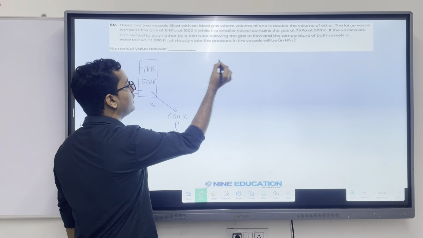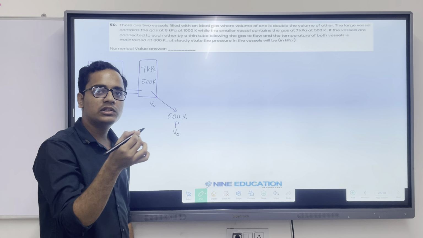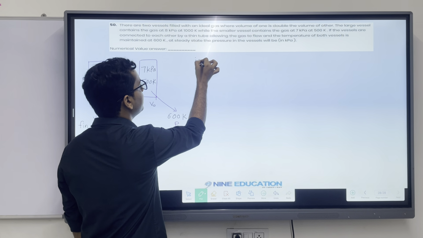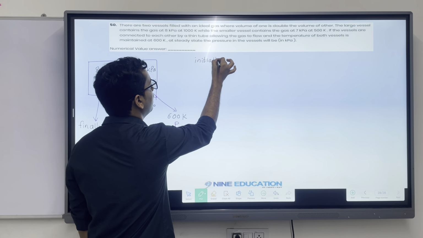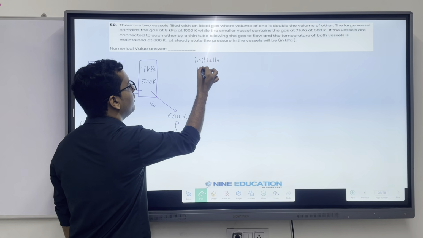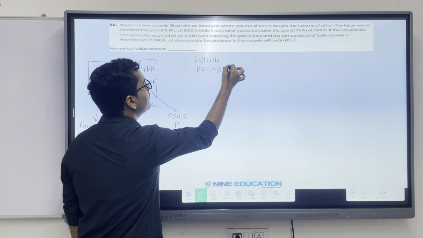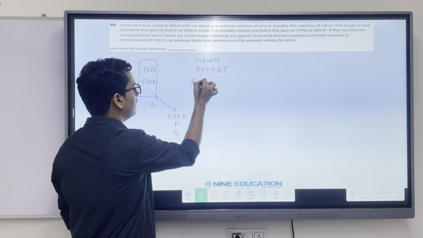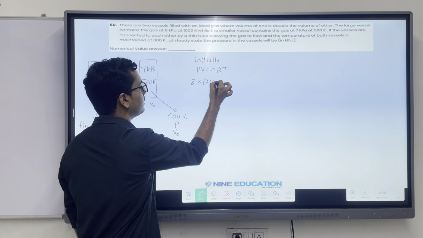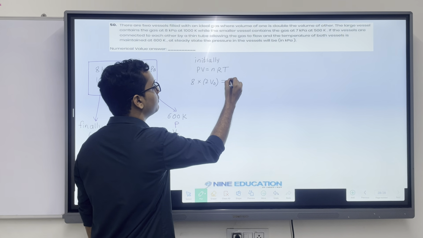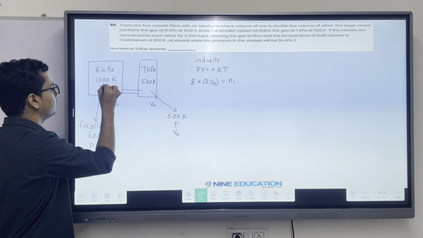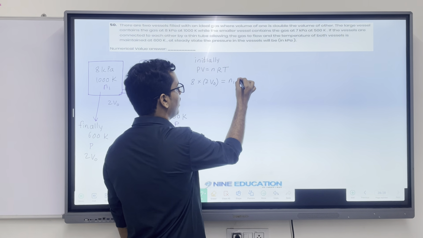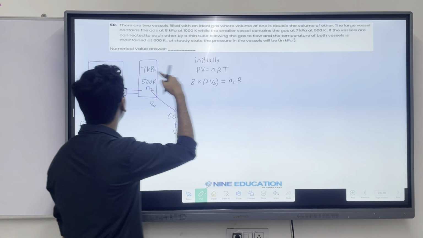Again, writing PV equal to nRT, the gas law equation, for the initial and final states. Initially, PV equals nRT. For this particular gas, it is 8 kilopascal into volume 2V0 equals n1 moles into, what is the temperature here? 1000.